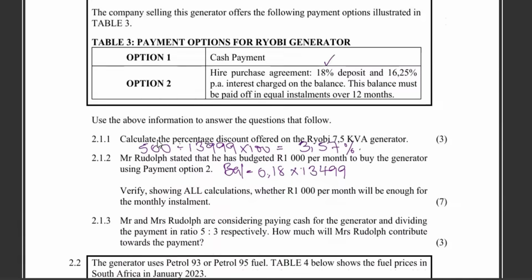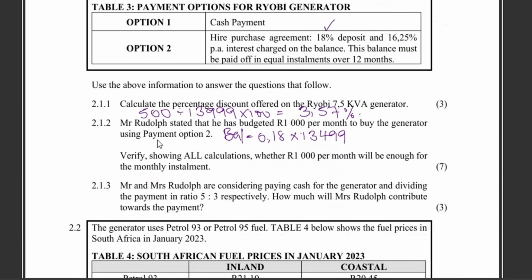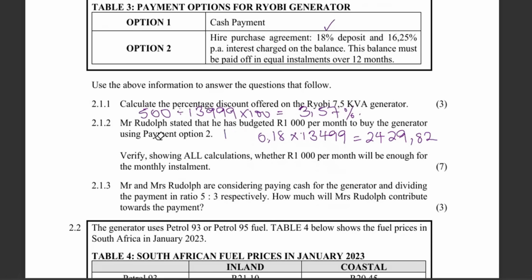So we look for the discount there. So the discount is this much. Remember, this is the discount. So what is the balance now? We said this was a deposit.